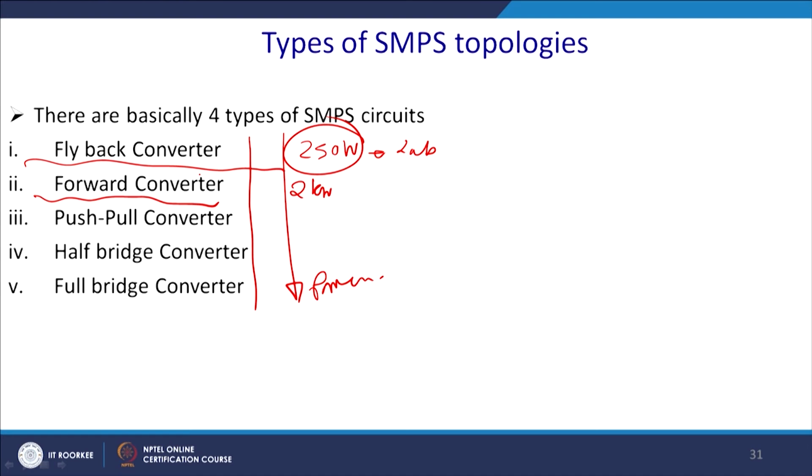Now, the forward converter will have a range of around 2 kilowatt, and it might be used mostly in DC power supplies in your labs, or where you have a little high current requirement like LED drivers, or for lighting, you may use the forward converter.